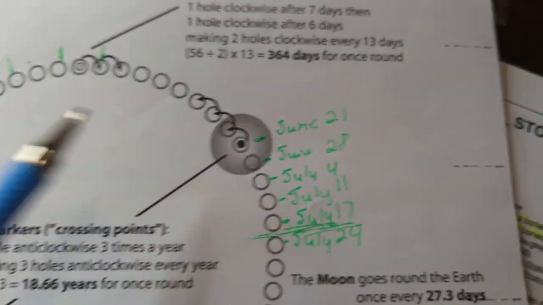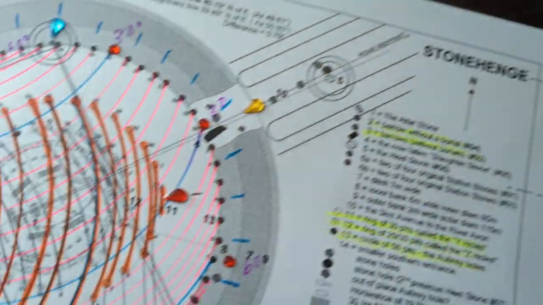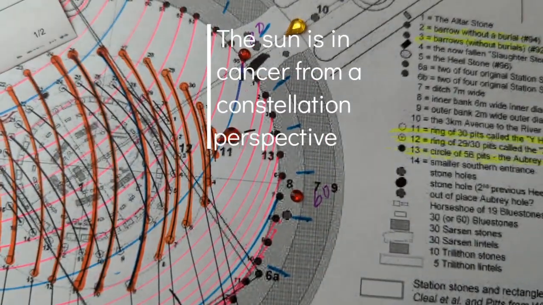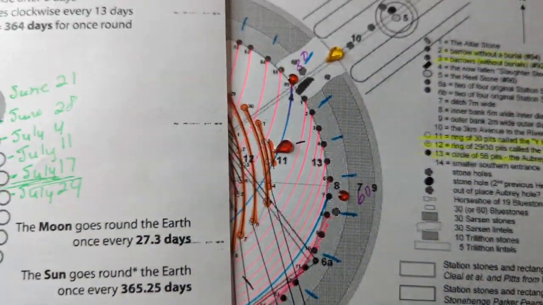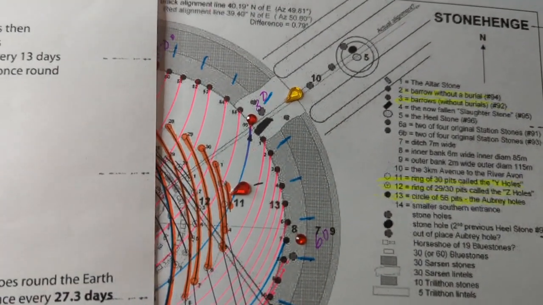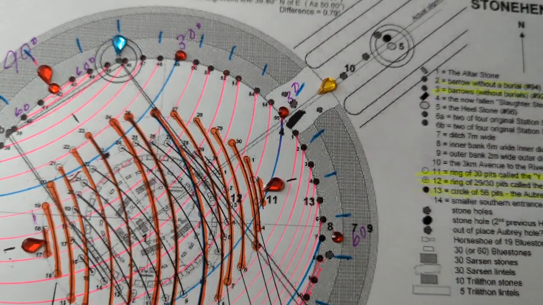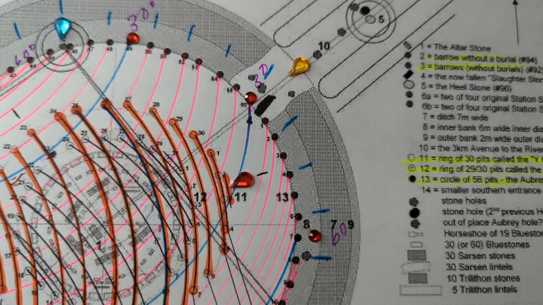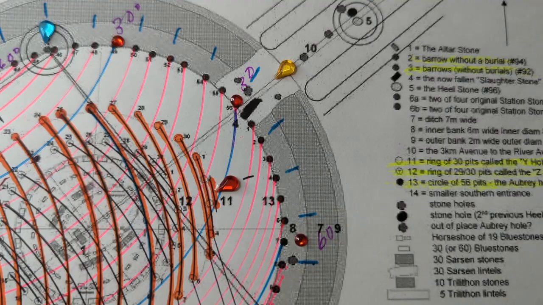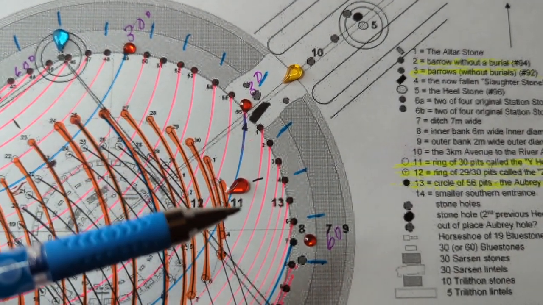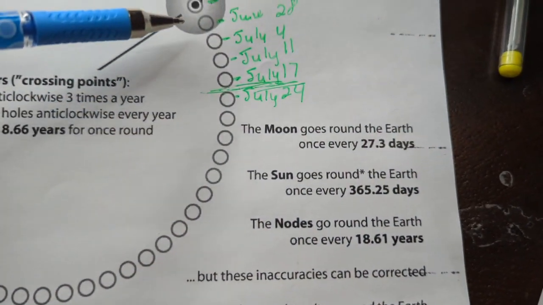I put a split between here because during this period of time and this period of time, the sun is in Cancer. So at night, you can detect where the Cancer constellation is going to be based on these dates.